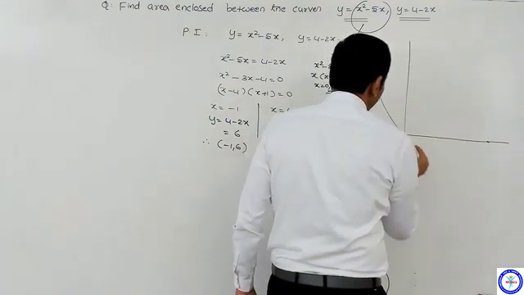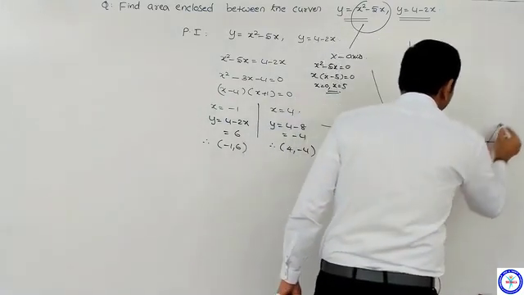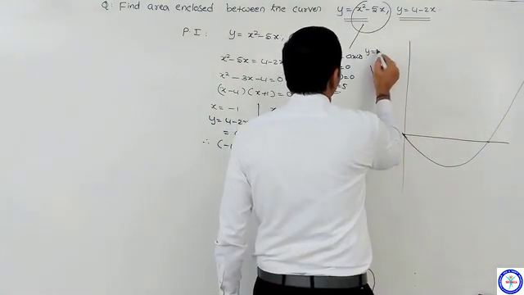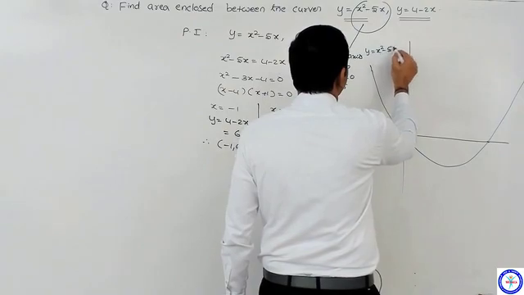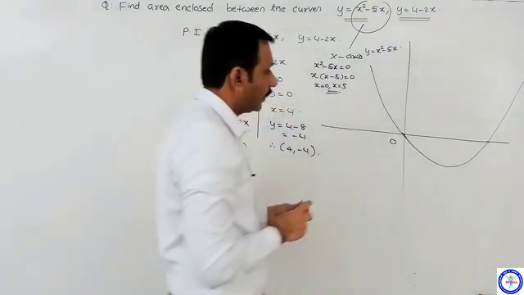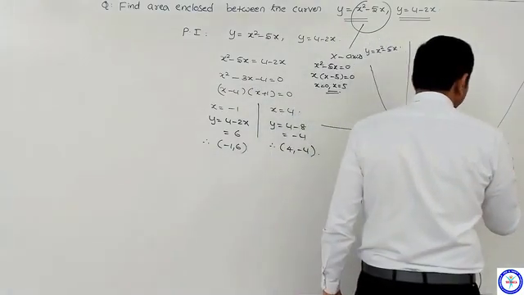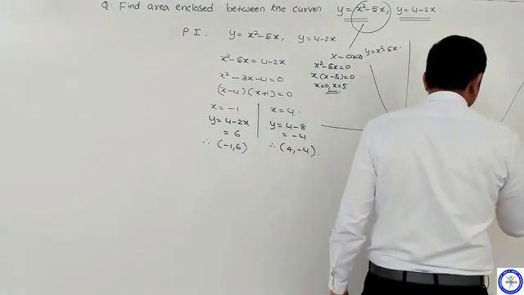The shape of this curve will be of this type. Its equation is y equal to x square minus 5x. This point is 0 comma 0 and this point is 5 comma 0.